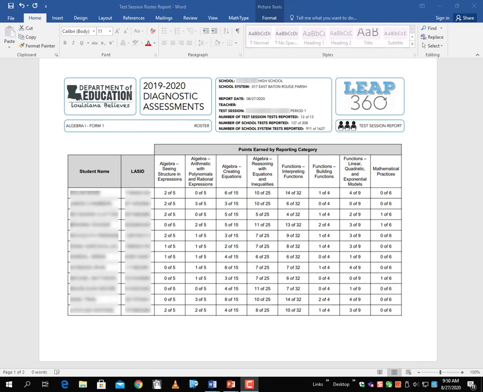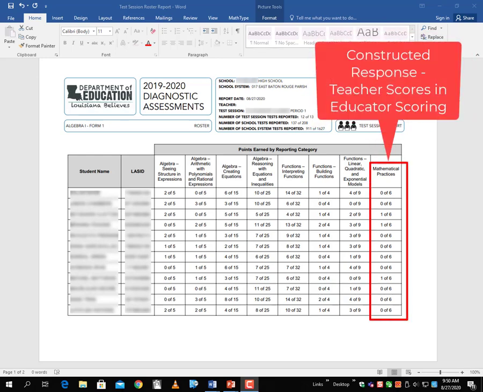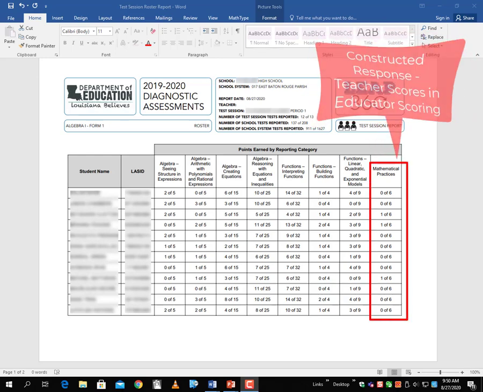And it looks like either there was something there the student put, and the teacher gave them 0 or 1, or if it's zero, it could be that the student left it blank. Now remember, if the student leaves it blank, it automatically gives them a score of zero. So this part here was the writing response. That's the mathematical practices part.